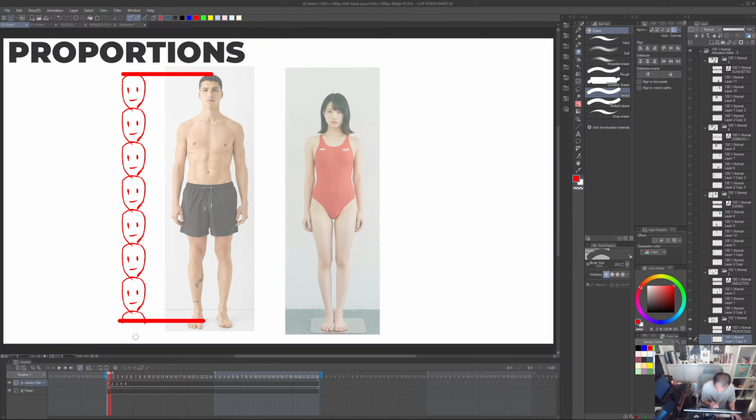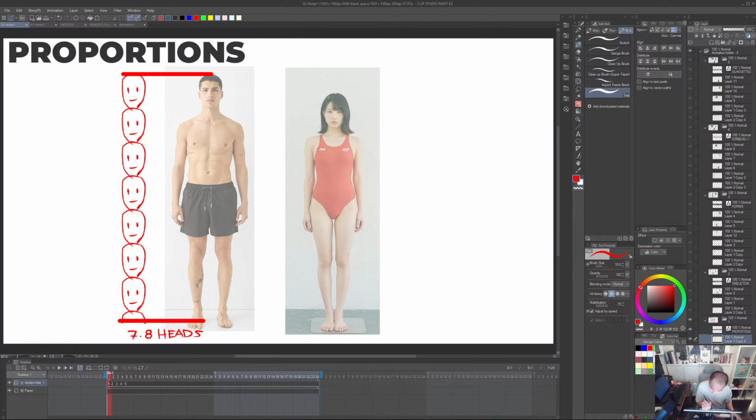Around 7 to 8 heads, which is a typical male character, right?